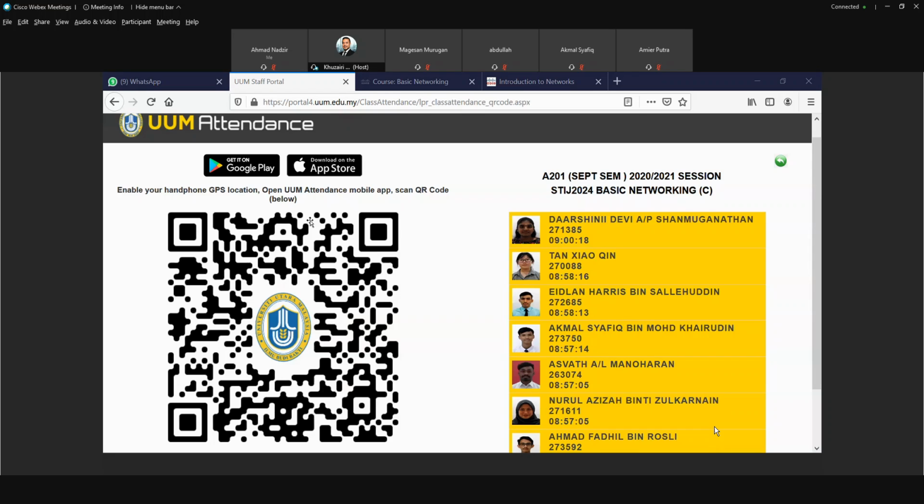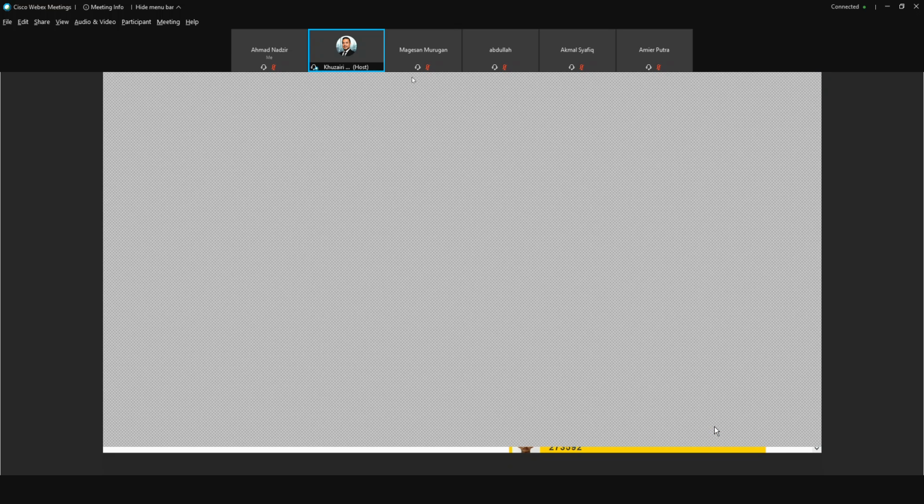Now you know that an IP address consists of two parts, the network portion as well as the host portion. I just want to give you one example on the first IP address.